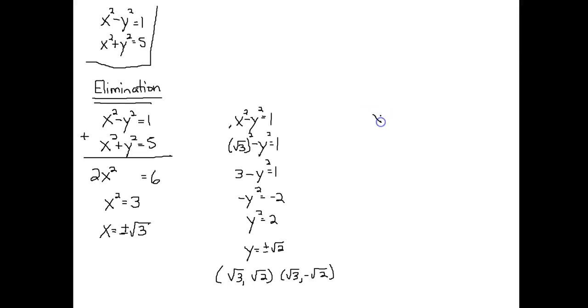Then if you plug into that same equation and use negative square root of 3, well, it turns out you're just going to be back in the same business. So you're done. That's all that's going to happen with that.